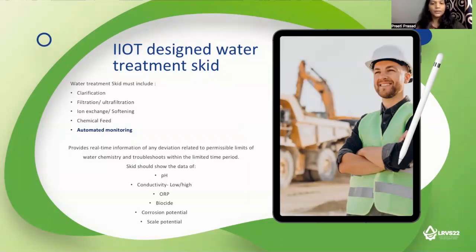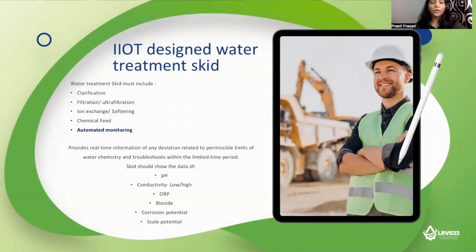If the pH is very acidic, a base has to be given into that. The skid should be capable of performing at that time. And if there are high chances of corrosion because of low conductivity, or if a water loss is going to happen, the skid should interpret this data and provide you the information on a real alarm basis.